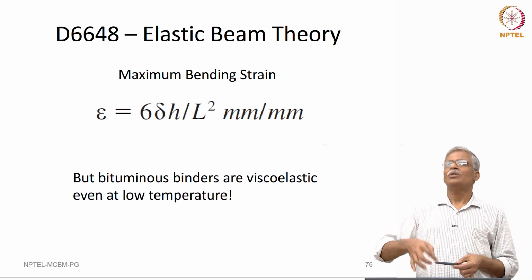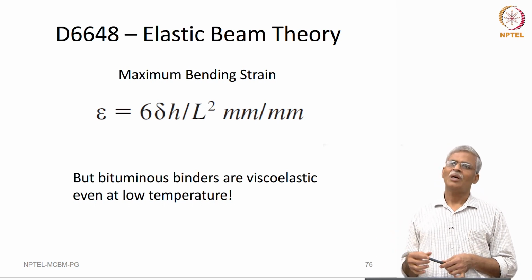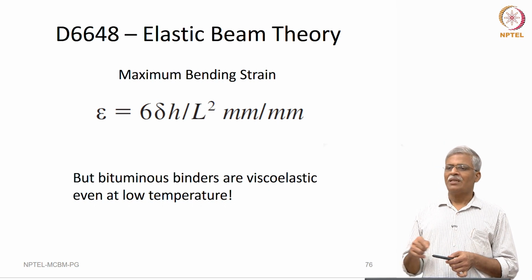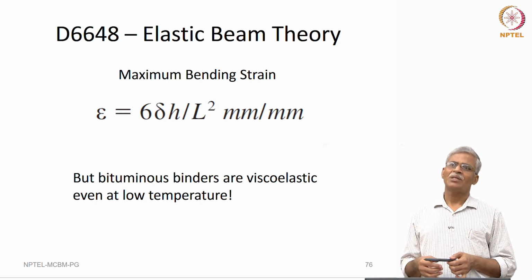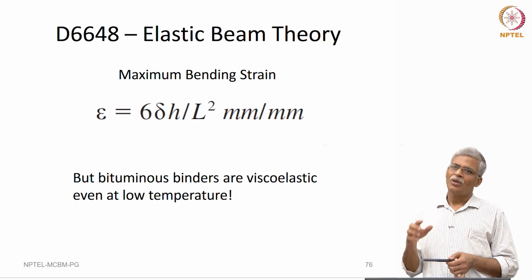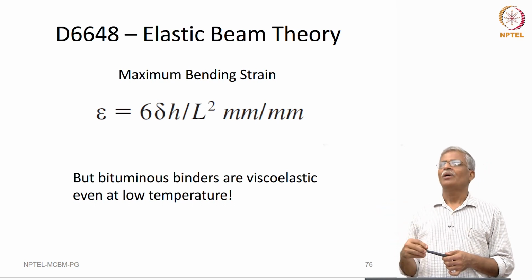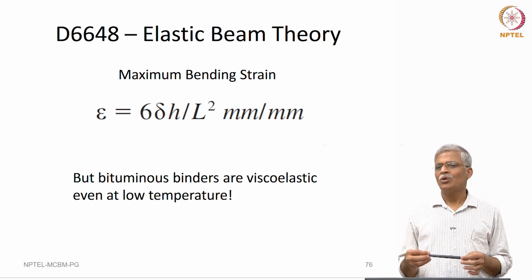Now, using this elasticity based formula, we compute two things. One is the midspan deflection, the other is the stiffness, and using the geometric properties we find out the stiffness, and we also want to find out the slope, whether the material will catastrophically crack.